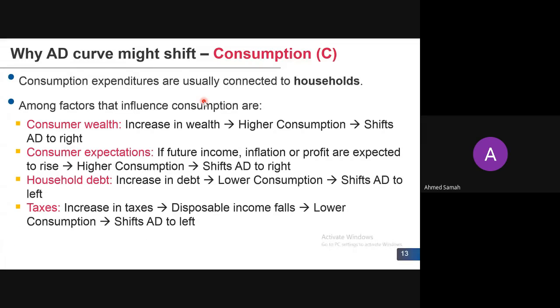When the government increases taxes, for example income tax, it will reduce the disposable income of consumers or households. When the disposable income falls, households will lower their consumption, leading to a shift in the aggregate demand curve to the left.